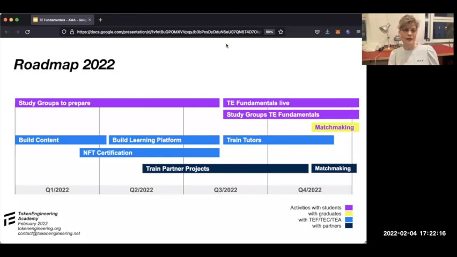The blue items are activities on our side at the TE Academy team and our wider ecosystem, like with TE Commons, building the content, building the learning platform, building the NFT certification, and training tutors, because we want to open up the study groups for anyone who's interested in helping others to learn.